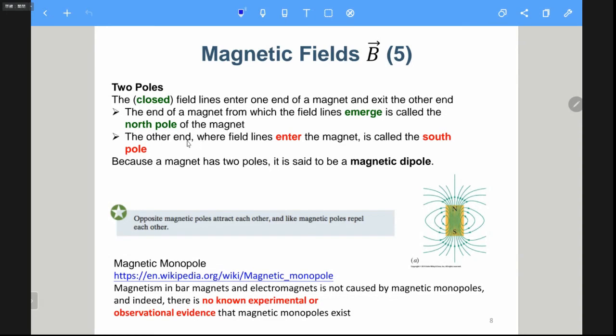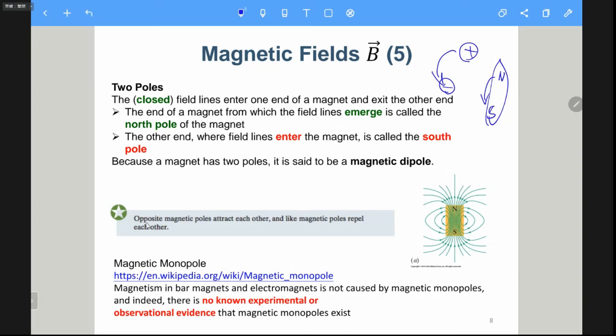So it's something like the electric field line: the electric field line starts from the positive charge and ends at the negative charge. But here we only say the magnetic field goes from north pole to south pole. So nothing special here.